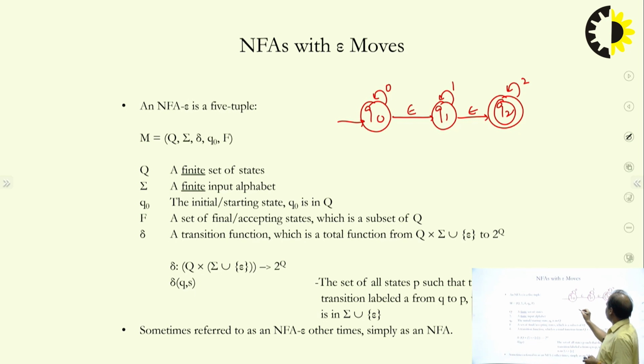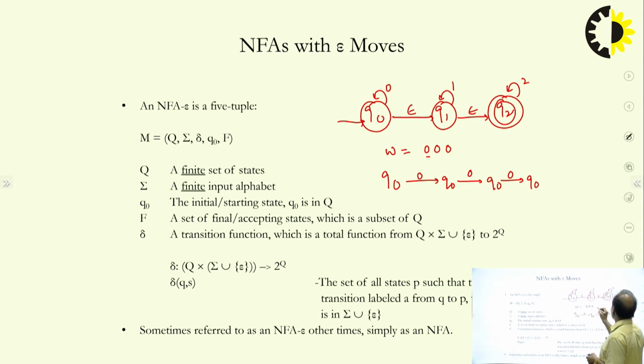So what will happen if you take input equal to 000? This is also going to be accepted. The reason is very simple: if you start from Q0, take 0, you are still on Q0, take 0 again, still on Q0, and take 0, still on Q0.